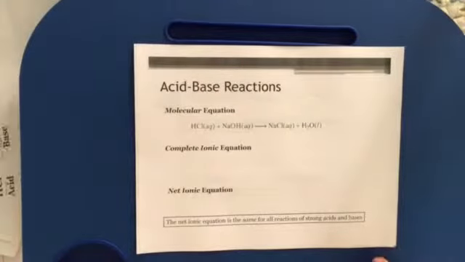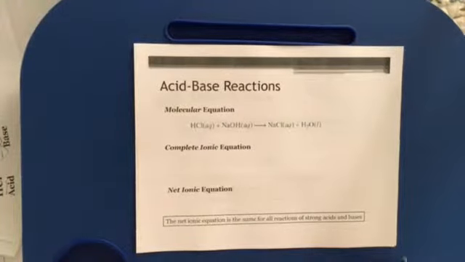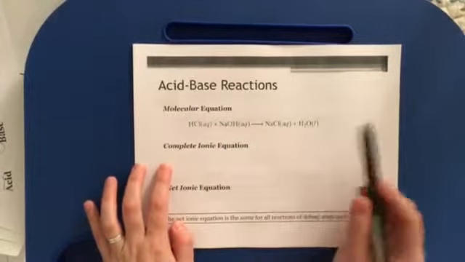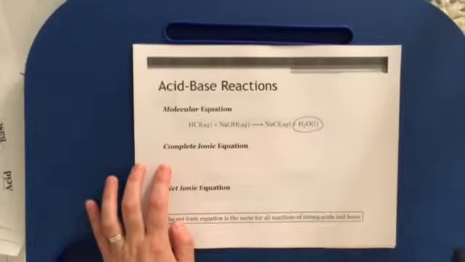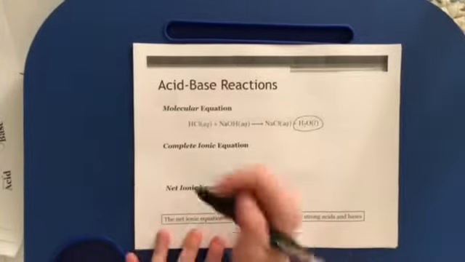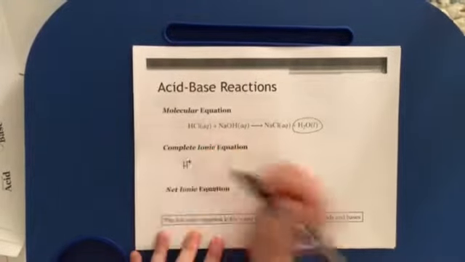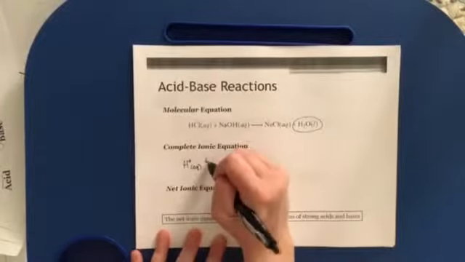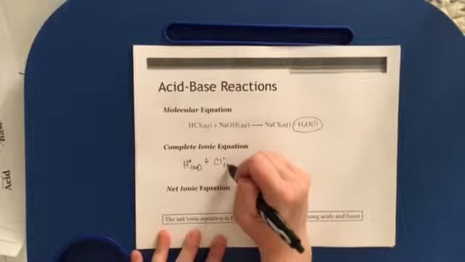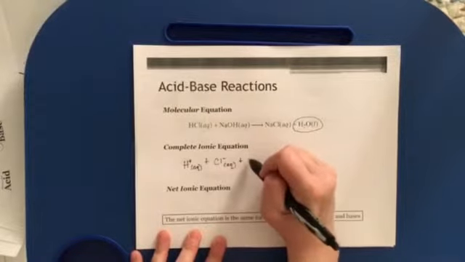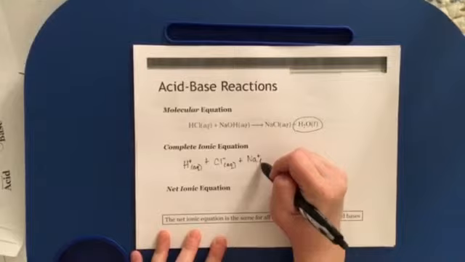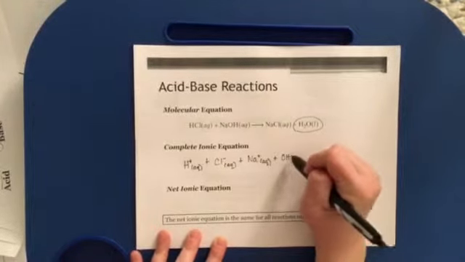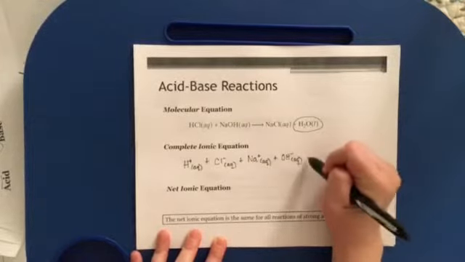So what I mean by that is that if you've got these reacting together, everything's aqueous except for the water that's formed. So we're going to break this up for the complete ionic equation. You've got aqueous hydrogen ions, aqueous chloride ions, aqueous sodium ions, aqueous hydroxide ions.